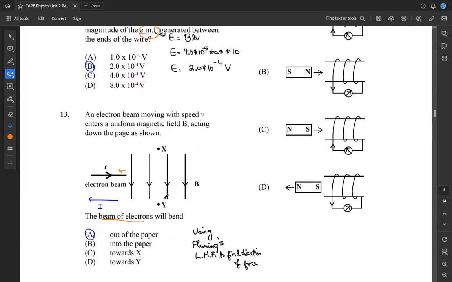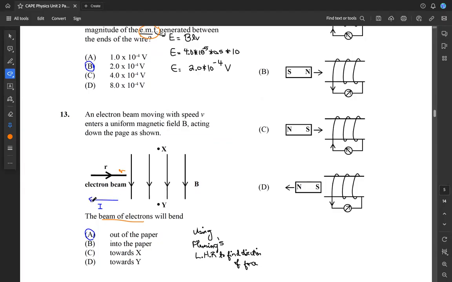Then our second finger, which is our current finger, is supposed to be pointing to the left, because it's an electron, and electrons go in the opposite direction of conventional current. Because the electron is moving this way, we know the current must be going that way.